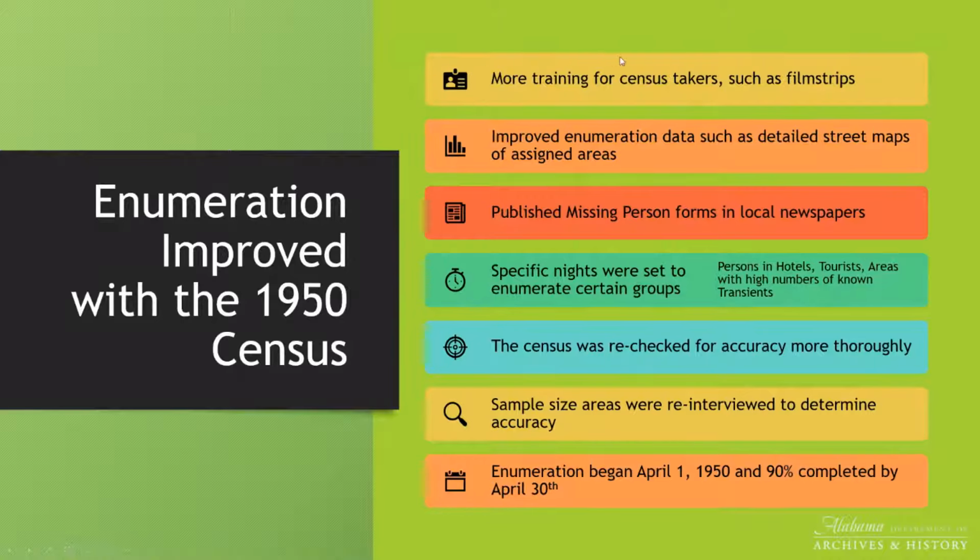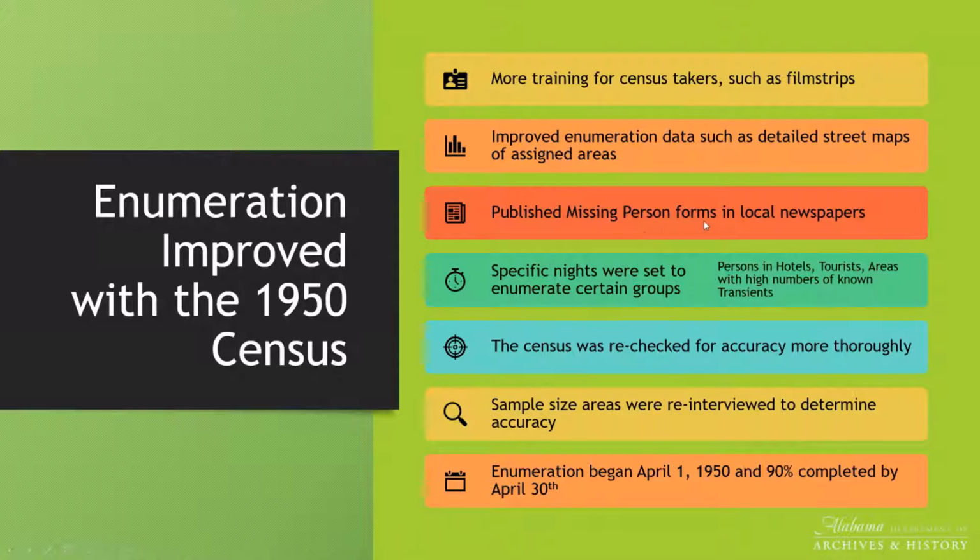So they had more training for census takers. They showed them films on how to enumerate districts. They improved data such as detailed street maps of assigned areas. So the enumerators would know exactly where they were going to go, and they had less likely chance of getting lost.